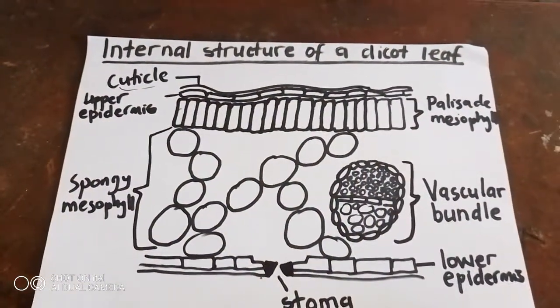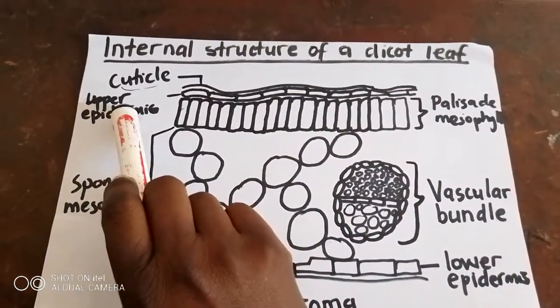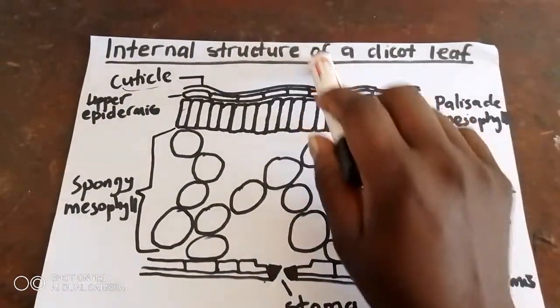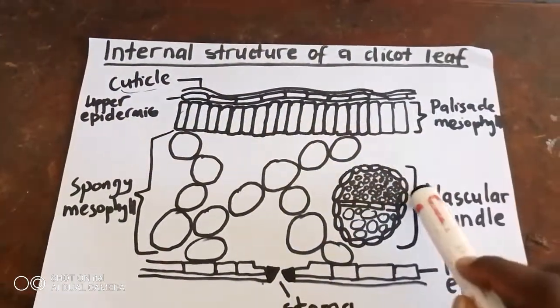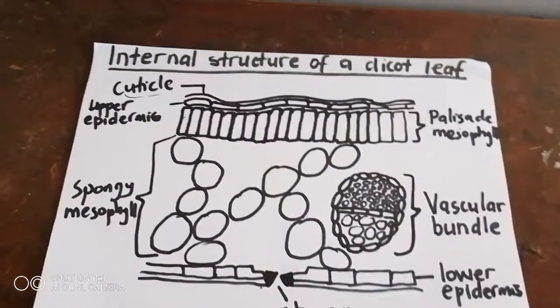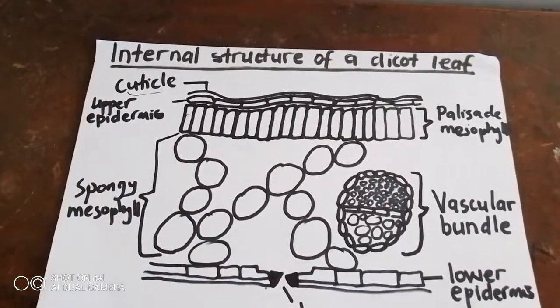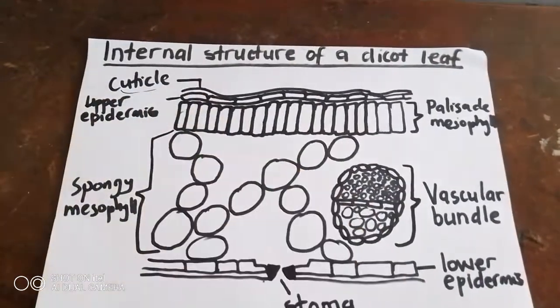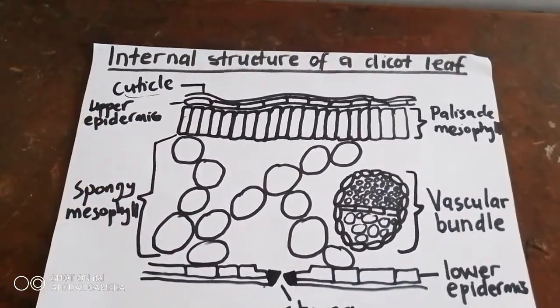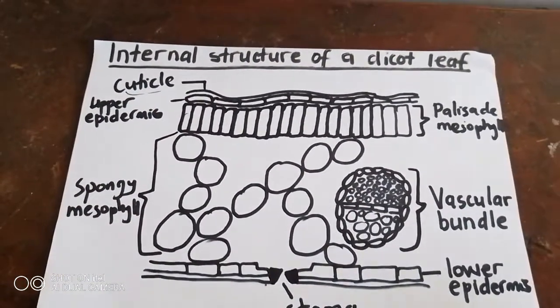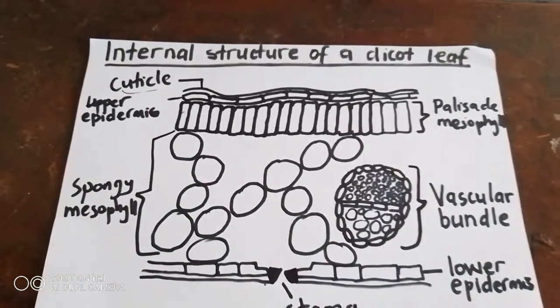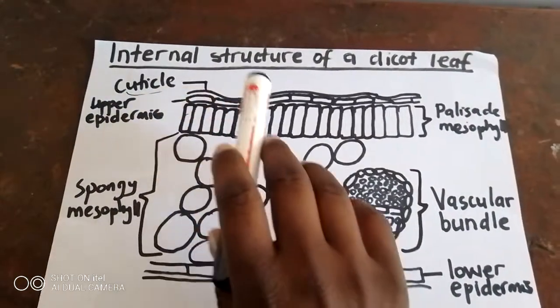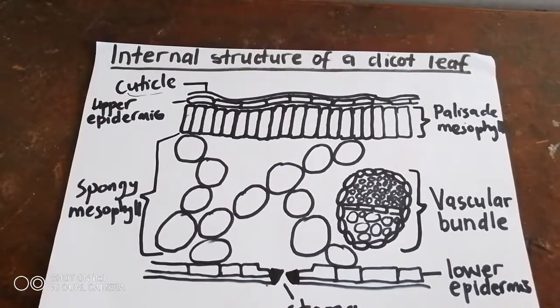That means there is no photosynthesis that occurs here. Right. So the function of the upper epidermis is to allow light to pass through. This brings us back to the point which we stated before that the cells of the upper epidermis are thin and also transparent. This is to allow light to pass through.